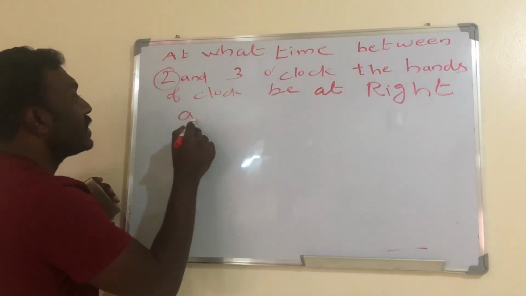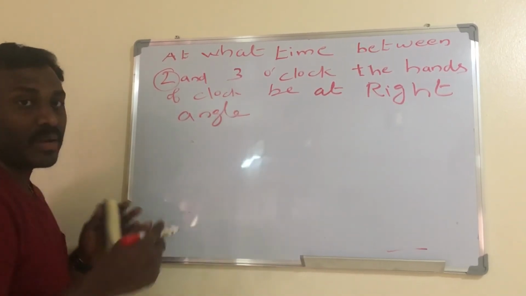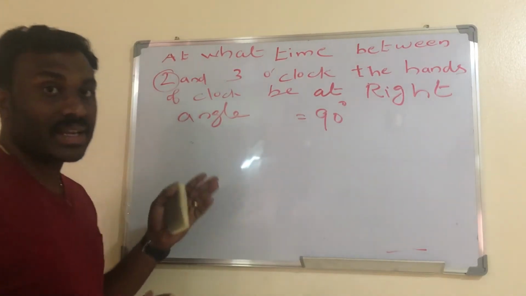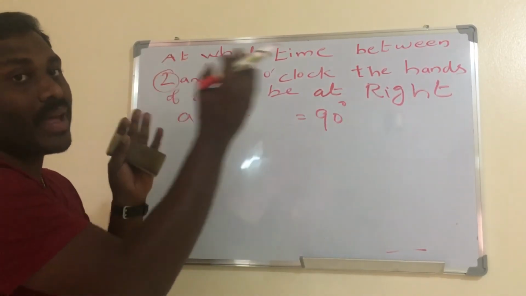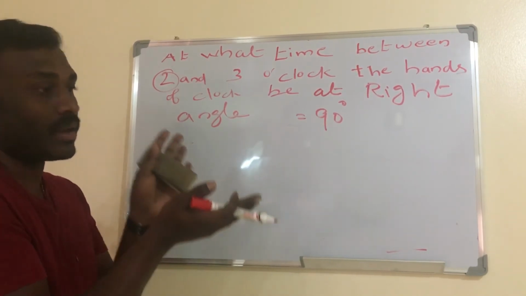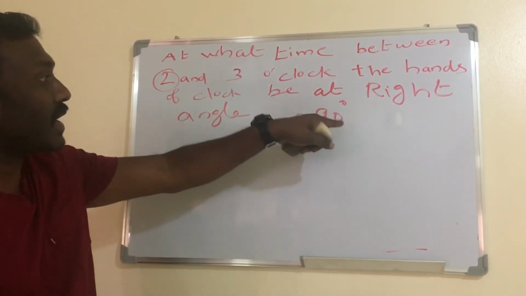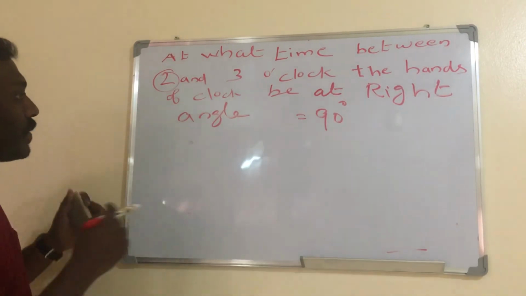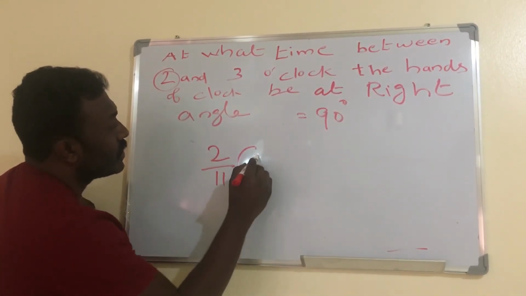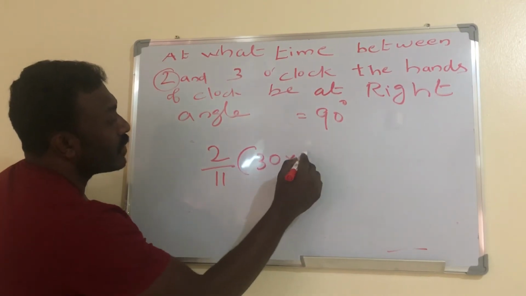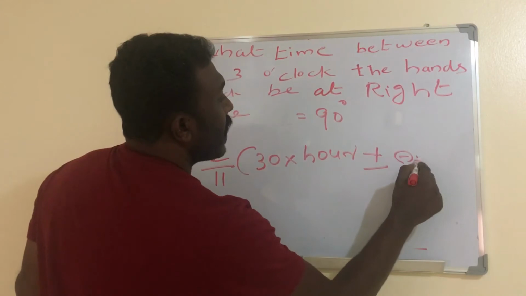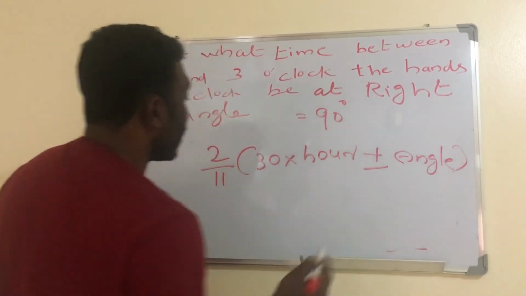At a right angle. Right angle means what? 90 degree. So the question here is, at what time between 2 and 3 o'clock the minute hand and the hour hand will be at a right angle, meaning 90 degree. Here we put again the same formula, 2 by 11, 30 into hour, plus or minus angle.